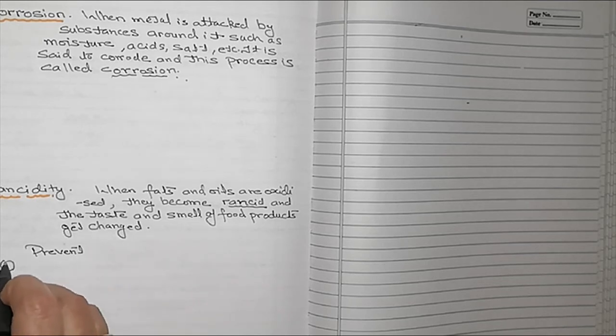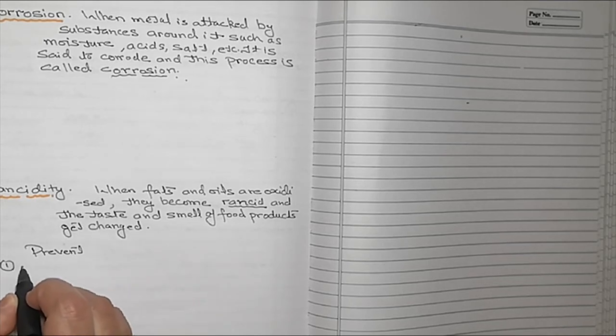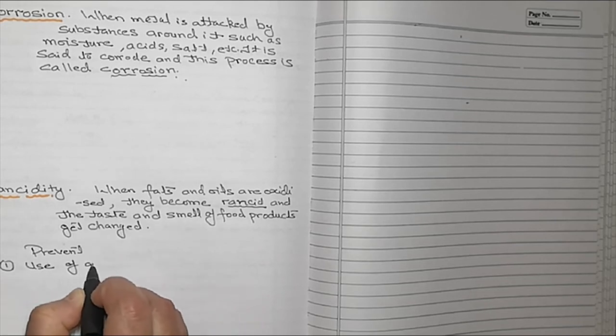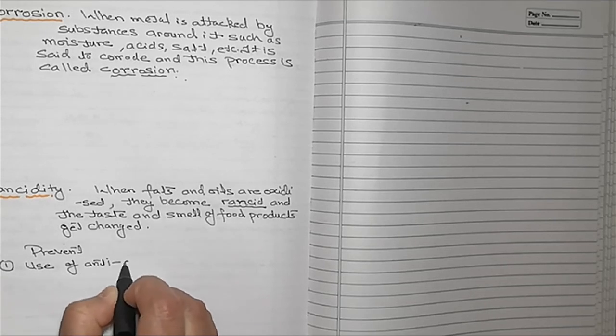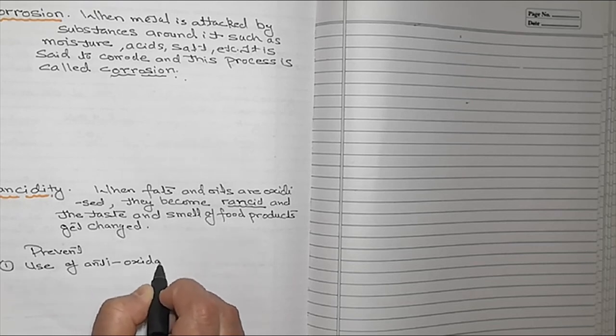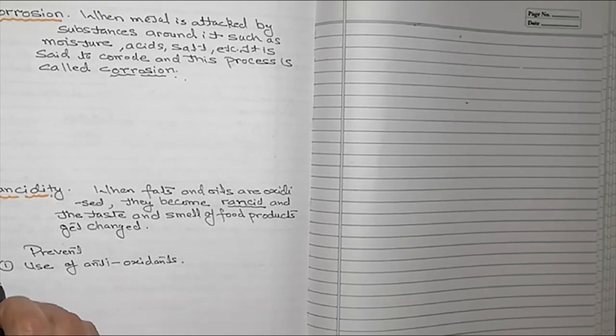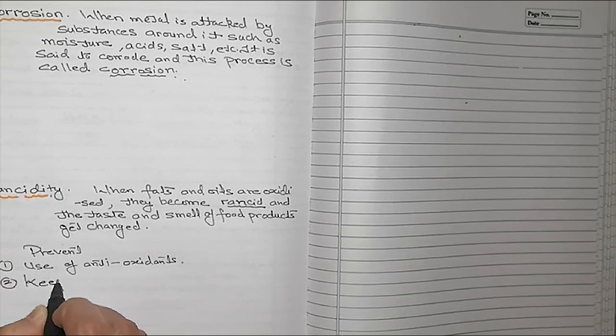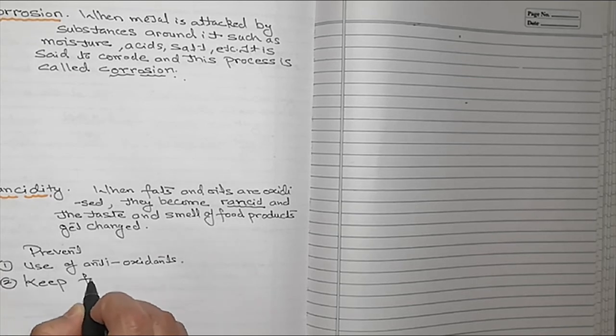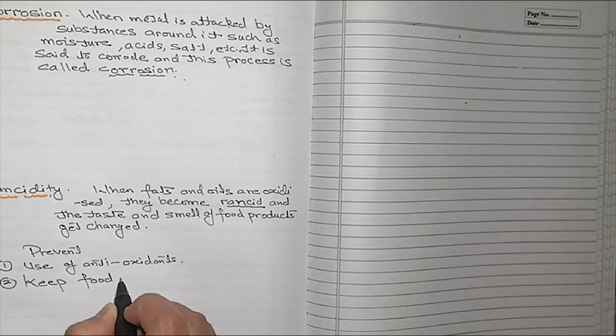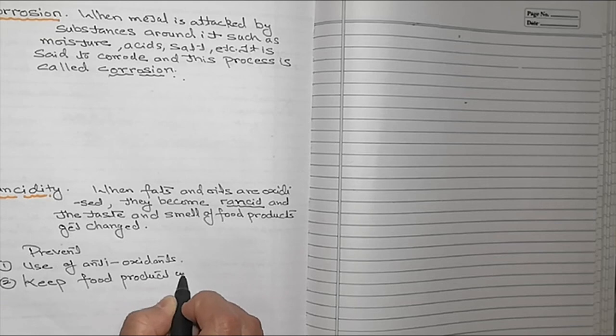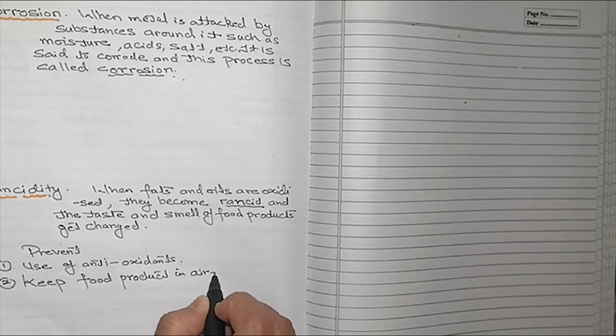First of all, number one is the use of antioxidants. Then keep fatty food articles, or let's say food products, in an airtight container.